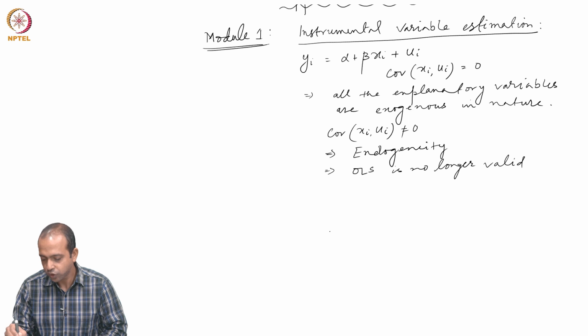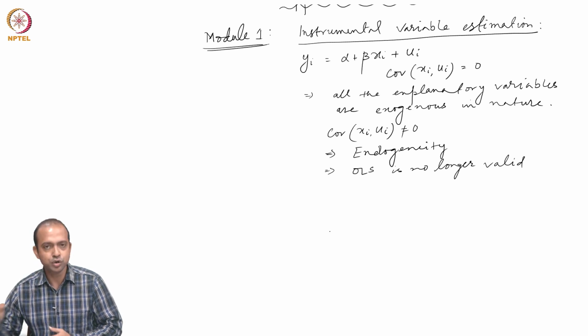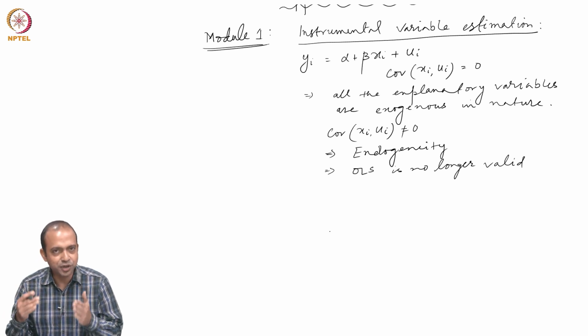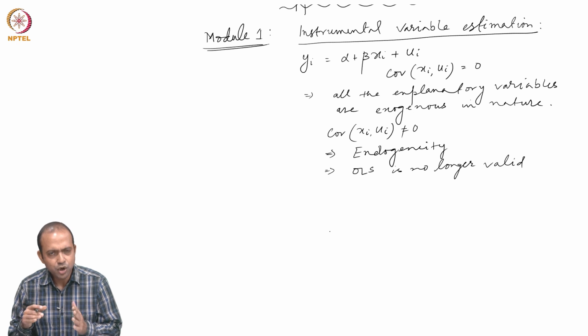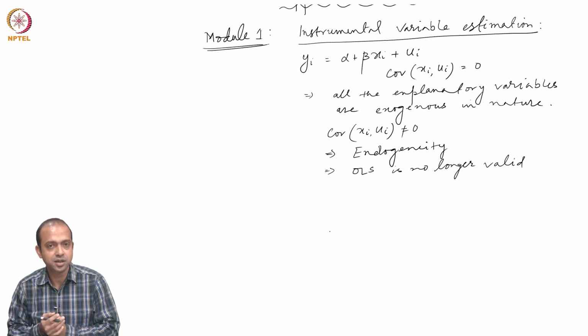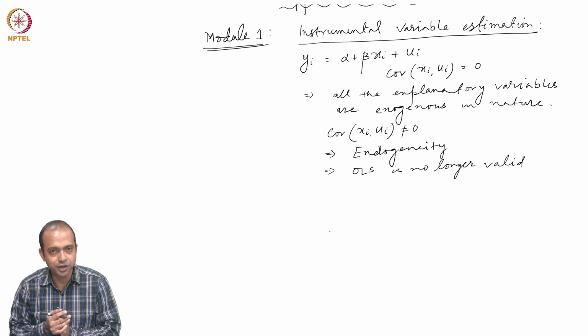We will discuss what exactly is the meaning of an instrumental variable, and what are the most important criteria that the instrumental variable must satisfy to be used as a valid and reliable instrument.